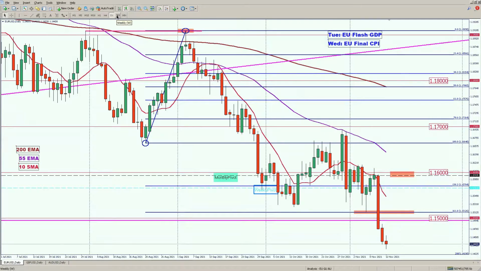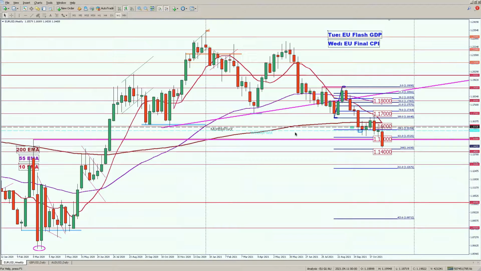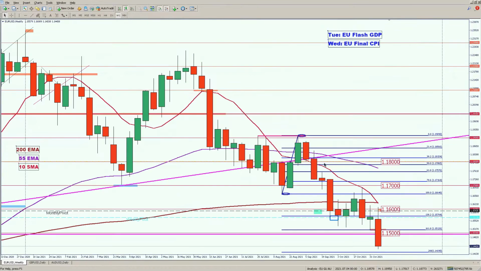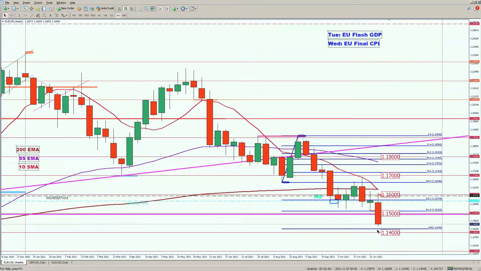Let's take a look at the weekly time frame. For last week, it was definitely a continuation bearish candle that started from a couple of weeks ago. And it's likely going to fall through to the 114 area.